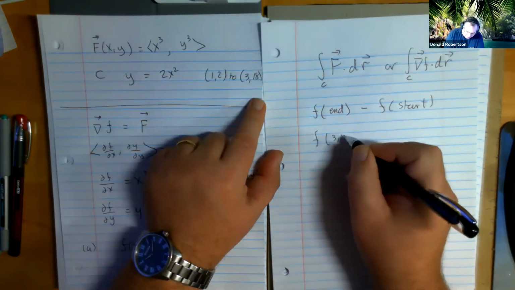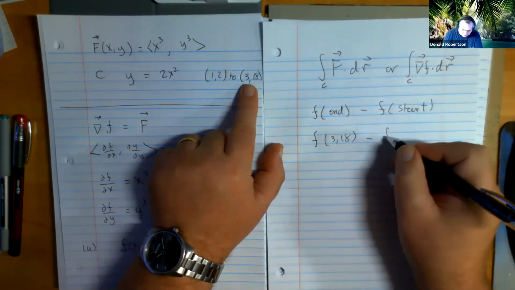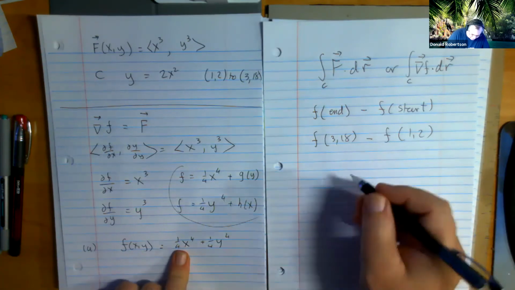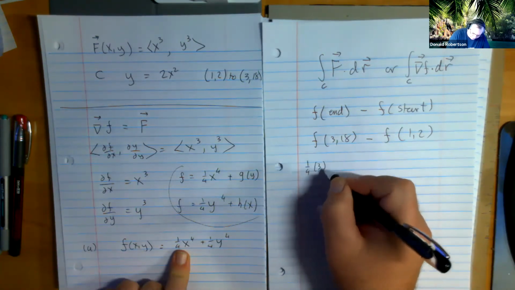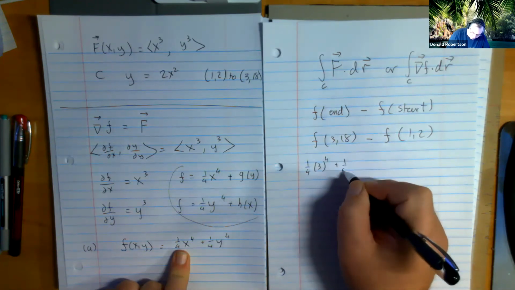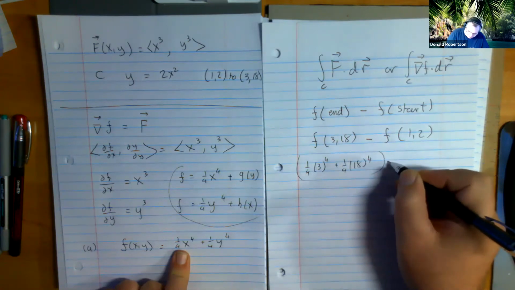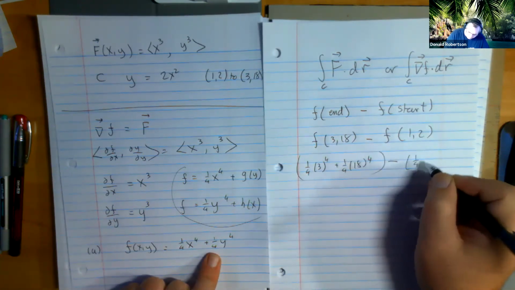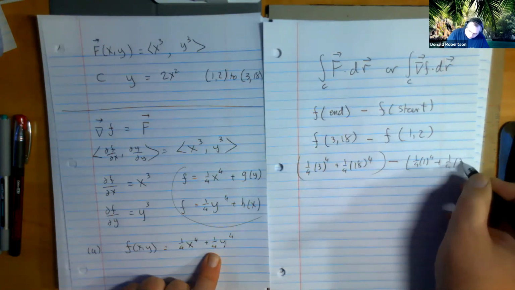So we're going to find the value of the potential function at the point 3, 18 and subtract the value of the potential function at 1, 2. And this is the guy that we've got. So it's going to be 1/4 3 to the 4 plus 1/4 18 to the 4, take away 1/4 1 to the 4 plus 1/4 2 to the 4.